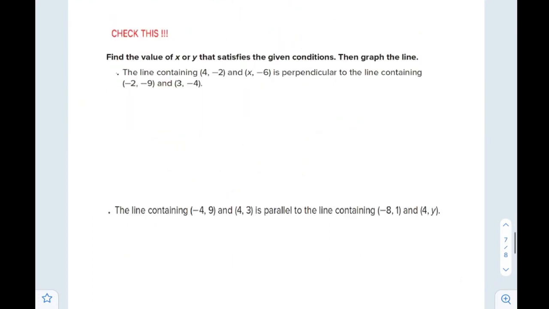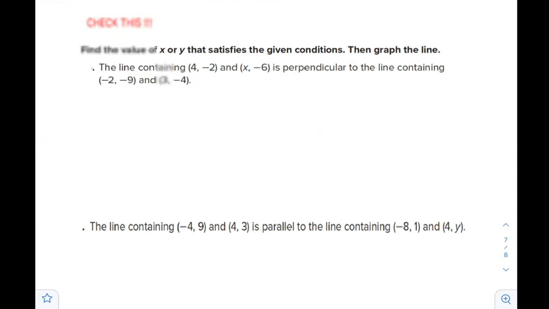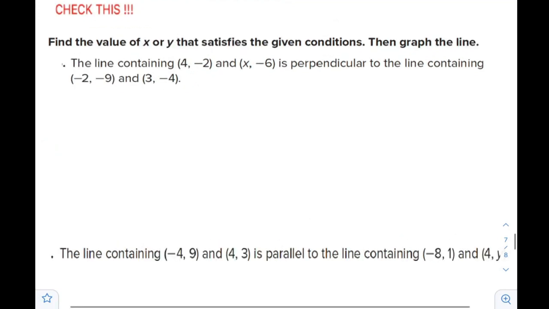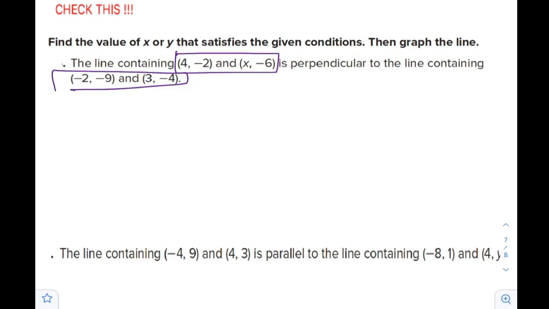Okay, here. Find the value of x or y that satisfies the given condition, then graph the line. The line containing these 2 points is perpendicular to the line containing those. So how can I find x? First, I will use the given points to find the slope. y2 minus y1 over x2 minus x1.